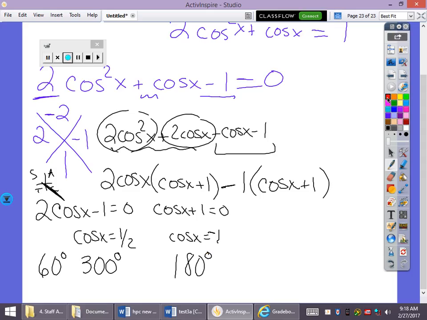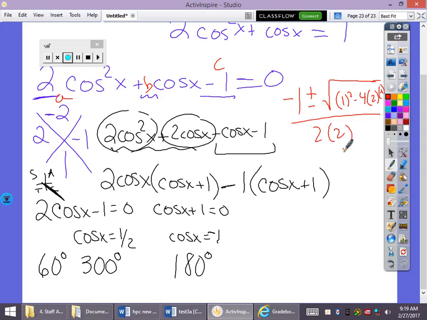That also works. So, this is my A, my B, and my C. The quadratic formula is the opposite of B plus or minus the square root of B squared minus 4 times A times C, over 2 times A. 1 squared is 1. Negative 4 times 2 is negative 8, times negative 1 is positive 8, which brings me to negative 1 plus or minus the square root of 9 over 4.